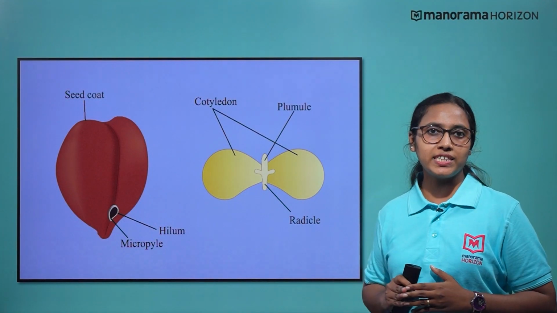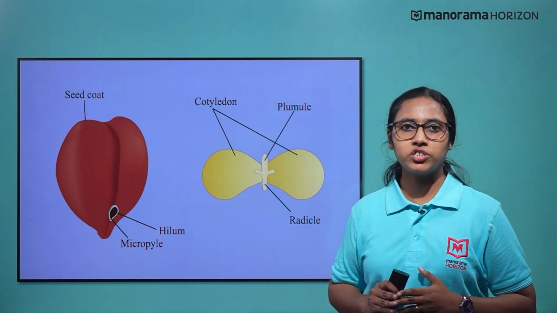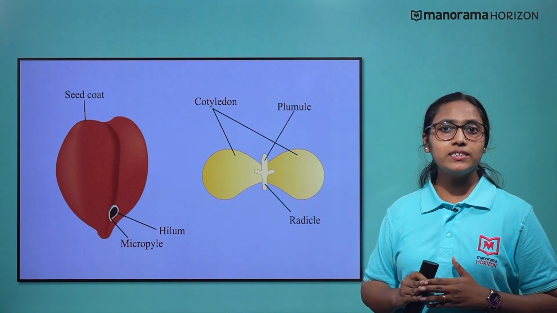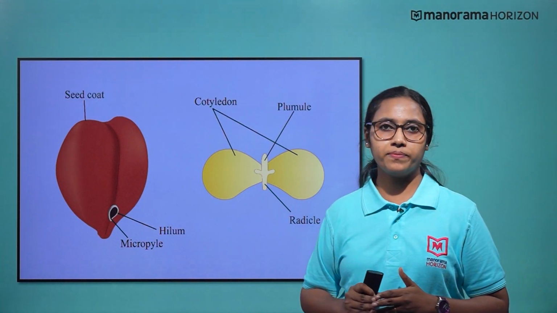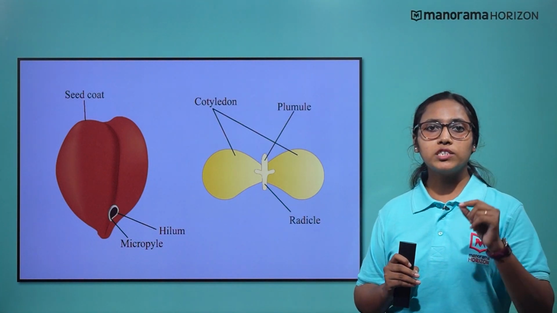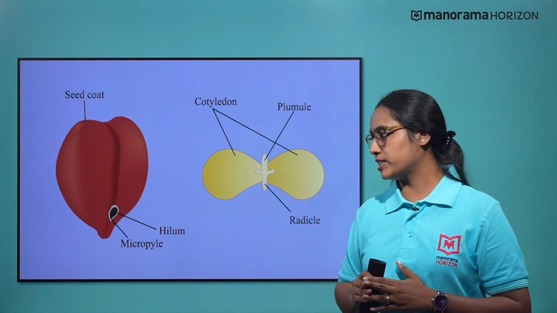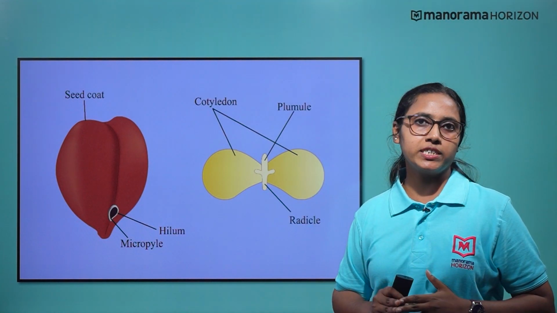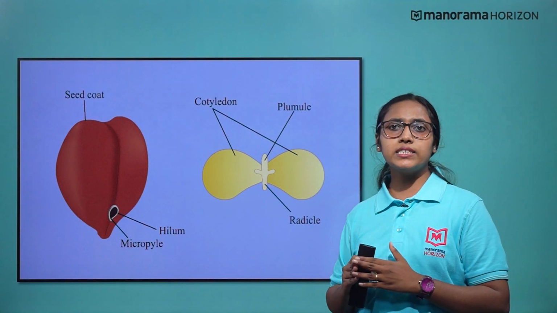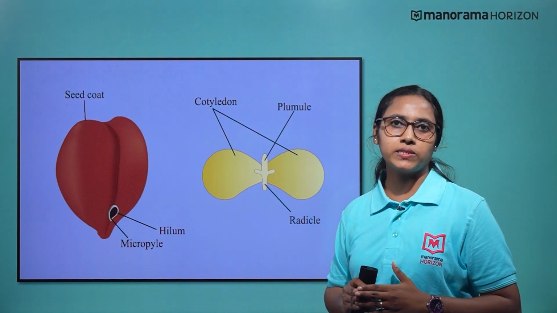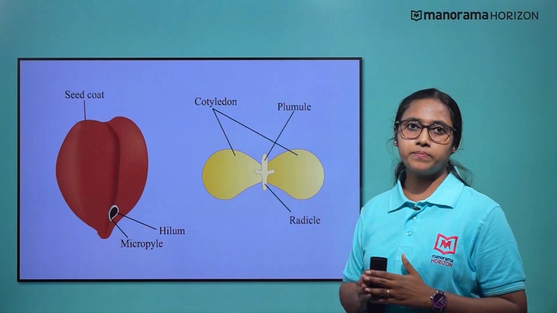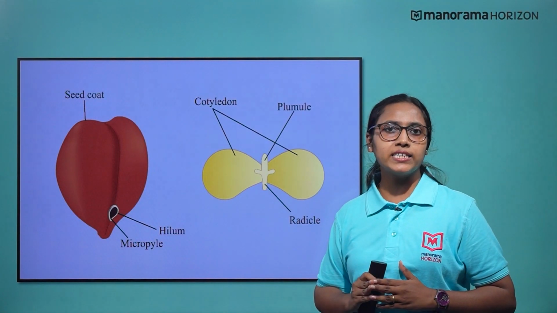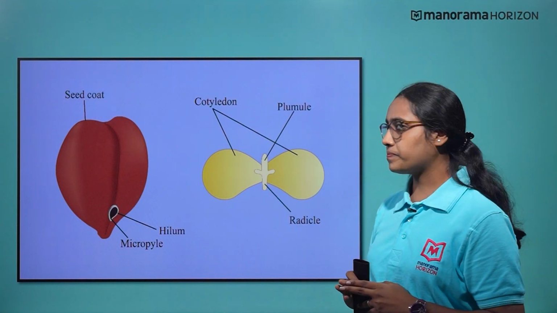On the surface of the seed, a scar-like structure is present called the hilum, where the seed is attached to the fruit. Above the hilum, a small pore is present known as the micropyle. The embryo is present within the seed and it consists of an embryonal axis and 2 cotyledons. As you can see in the image, the embryonal axis has 2 ends.